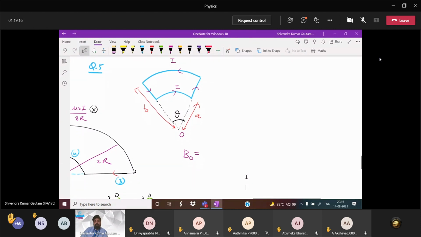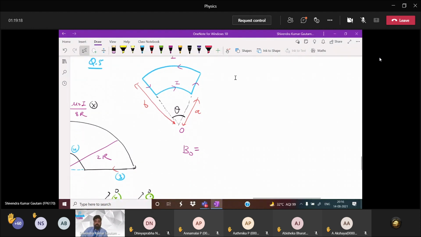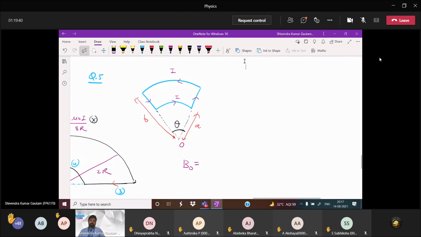Break into sections and then calculate. Sir, mu naught I by 2a into theta by 2 pi inward and mu naught I by 2b into theta by 2 pi outward. Okay. It's a very simple one, but there is a small thing you have to take care of. Otherwise, even after knowing everything, you'll make a mistake.